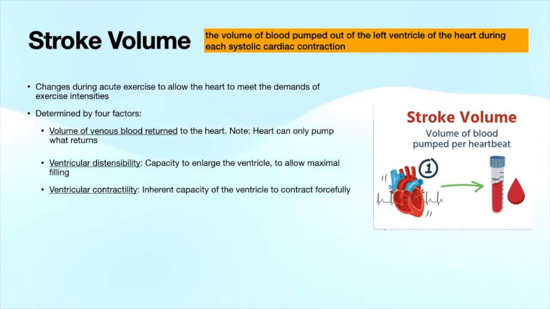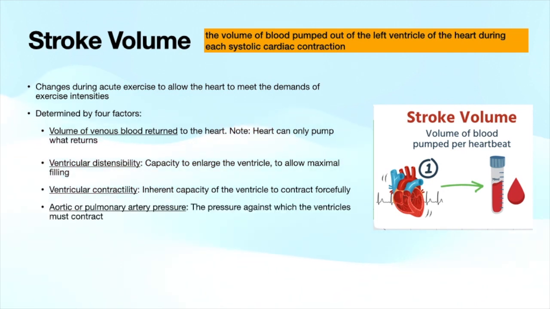Because if you think about it, if you can eject more blood out of your chamber, the better it is. The more blood will come out, and more blood will be supplied to our working muscles. So our ventricle needs to be able to contract more forcefully, no?